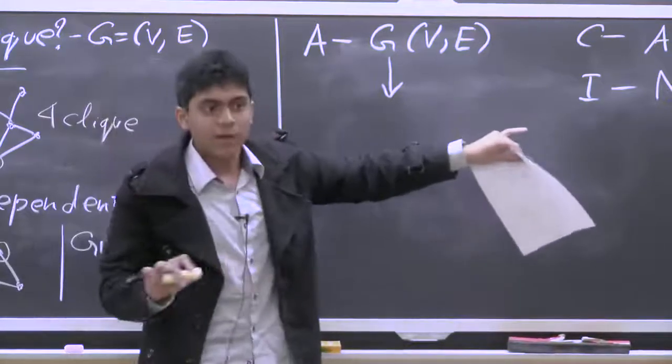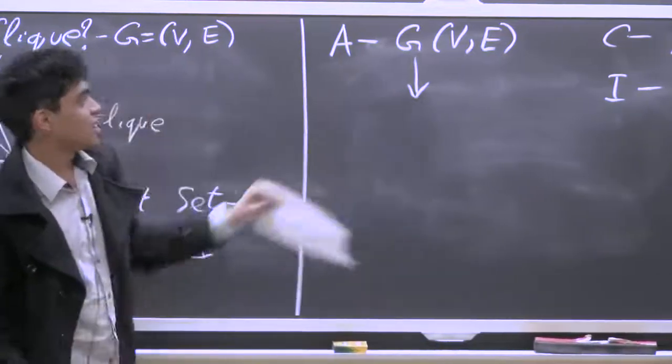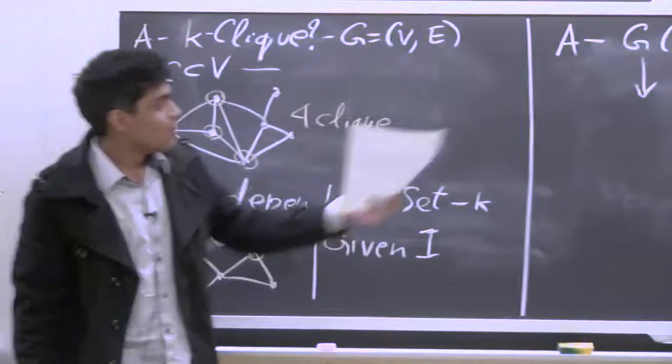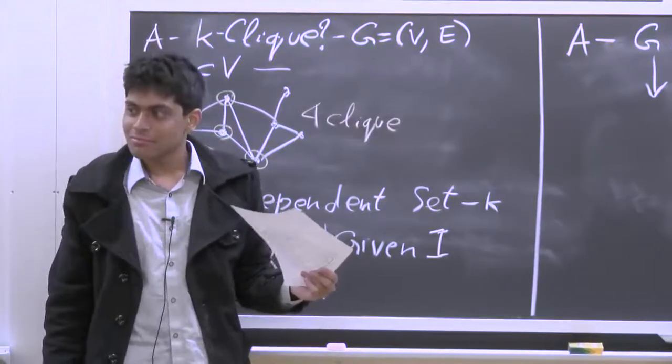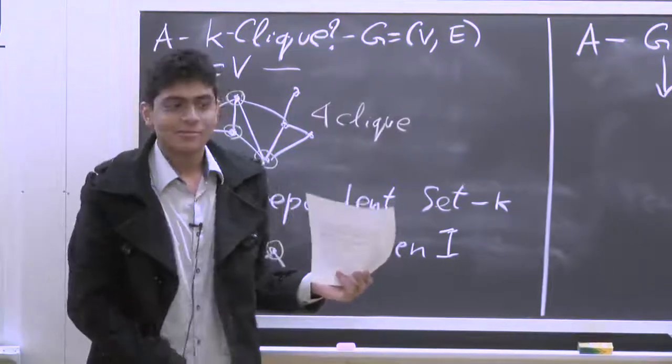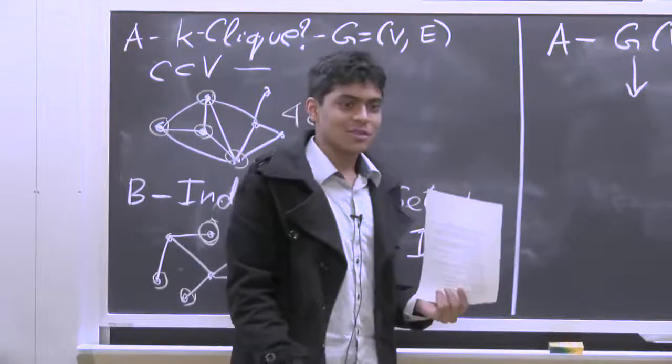In I, no pair of vertices are connected. So what should be a logical transformation that would map a clique to an independent set? What do you think you should do to the graph so that a clique becomes an independent set?